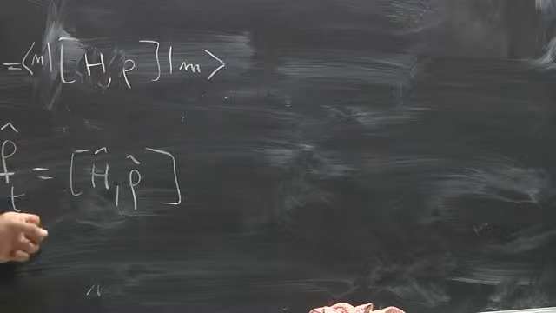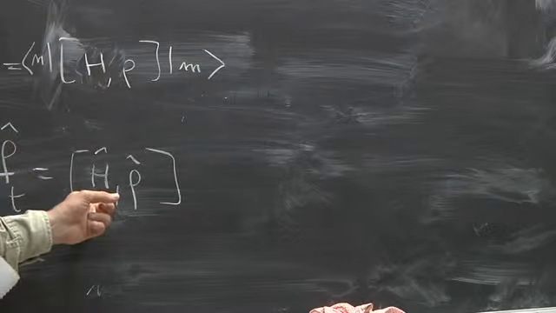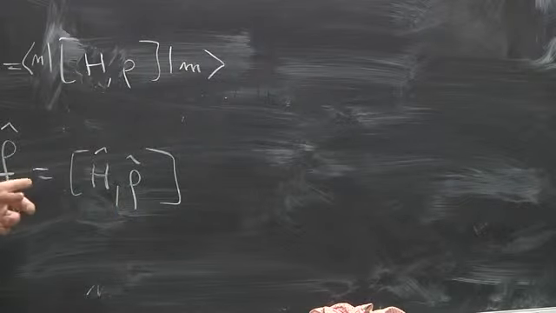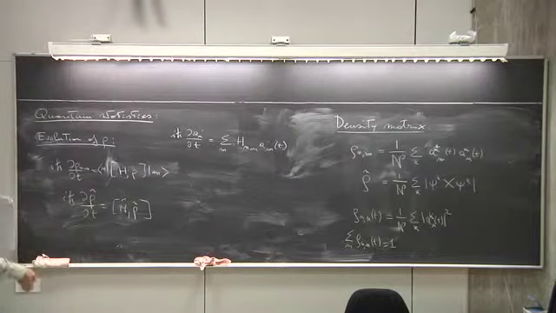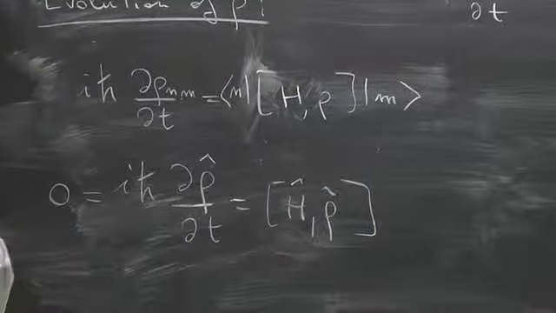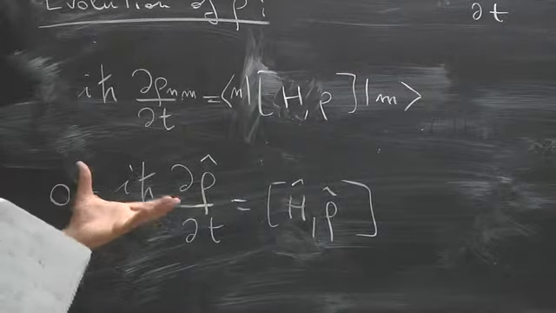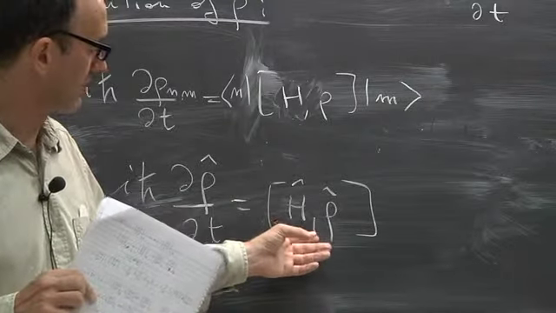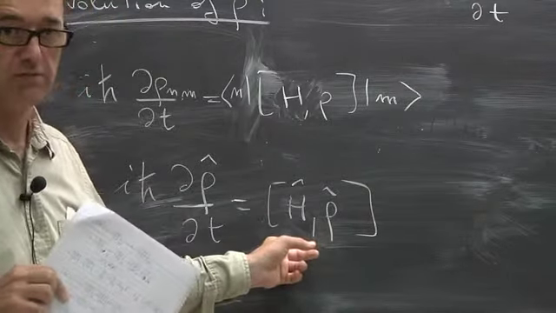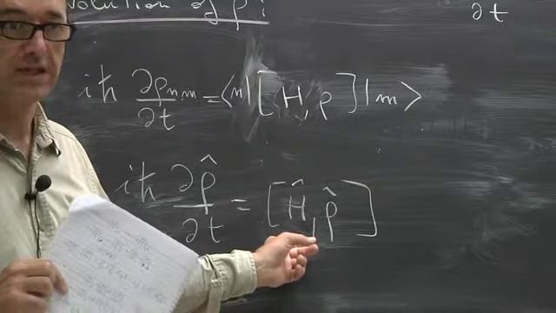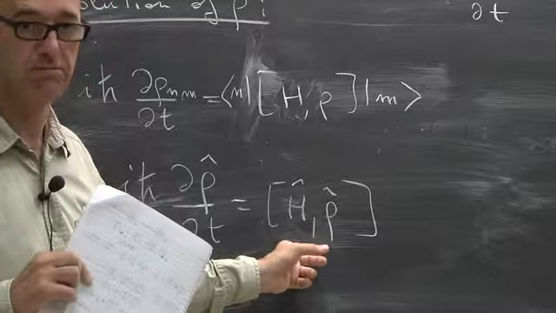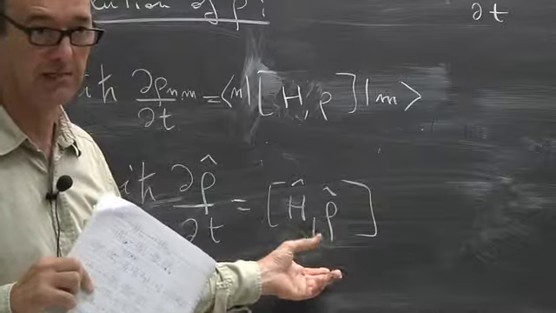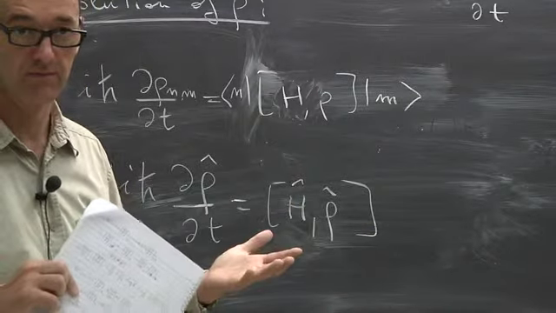What this equation is telling you is that if you look at a stationary ensemble, an equilibrium state, then rho must be a function of h. The density matrix must be a function of h. And this is exactly the same statement as the Liouville theorem.